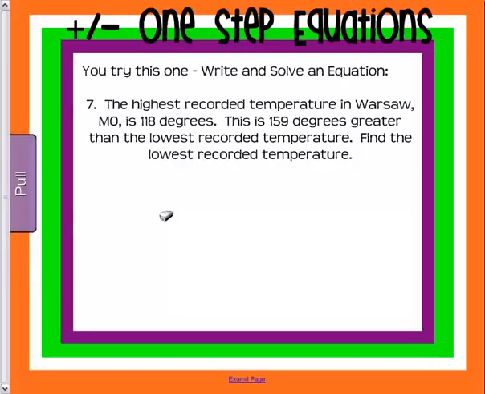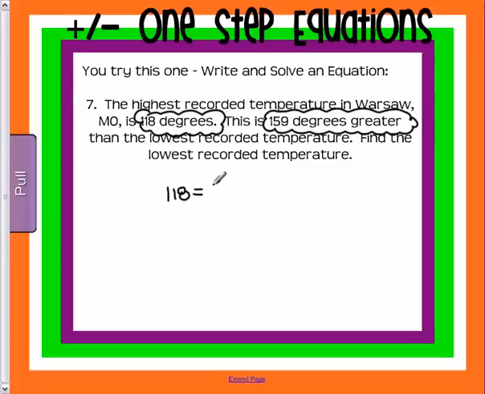Okay, so you try this one. The highest recorded temperature in Warsaw, Missouri is 118 degrees. This is 159 degrees greater than the lowest recorded temperature there. Find the lowest recorded temperature. So this 118 degrees is 159 degrees greater than the lowest recorded temperature.